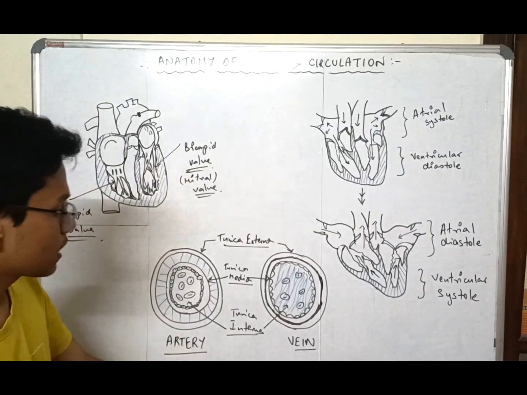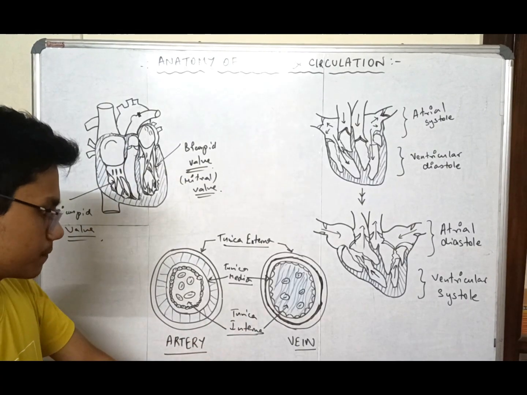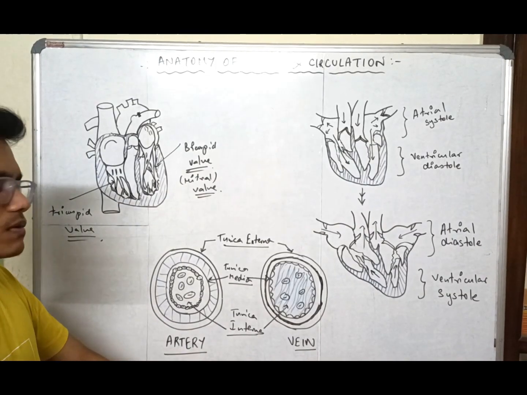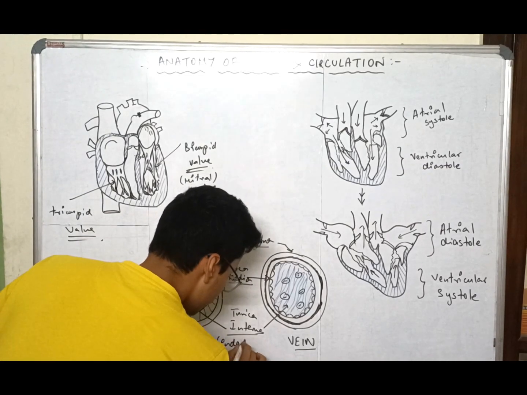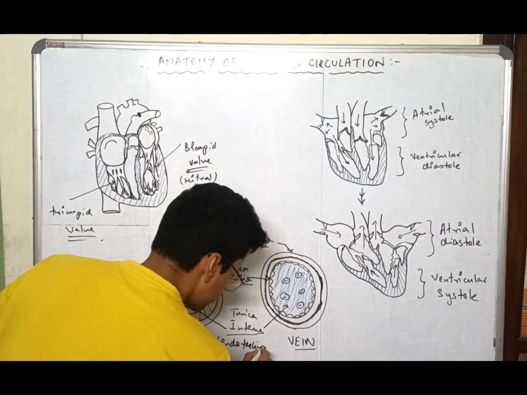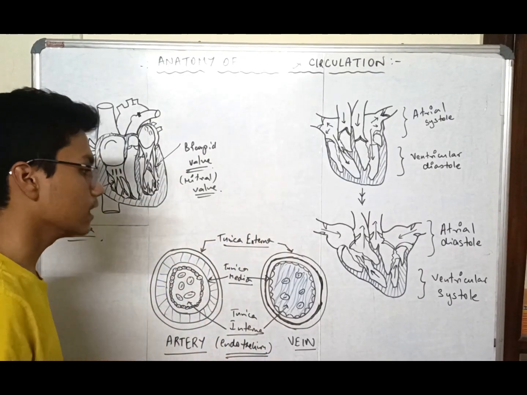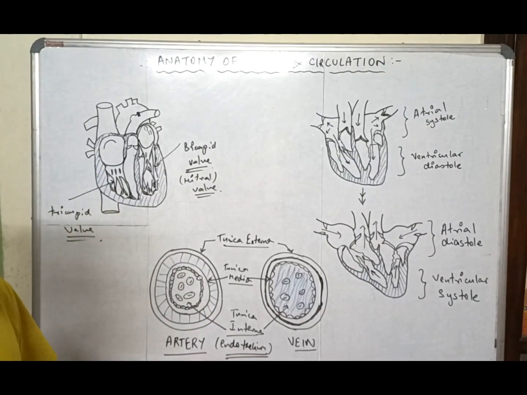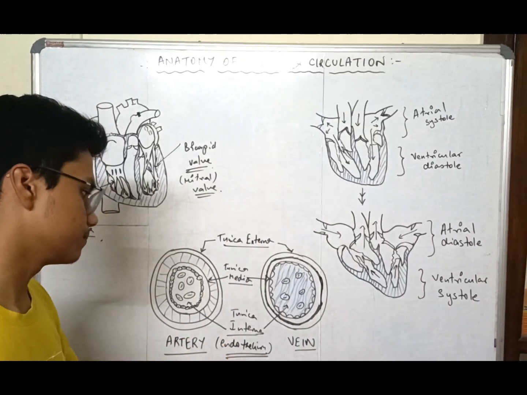Next is tunica interna. Tunica interna has another name. It is extremely important, and it is called endothelium. I'm again repeating that this lecture will be very, very detailed, and we'll be discussing every single topic without any gap. So this is why tunica interna is known as endothelium.